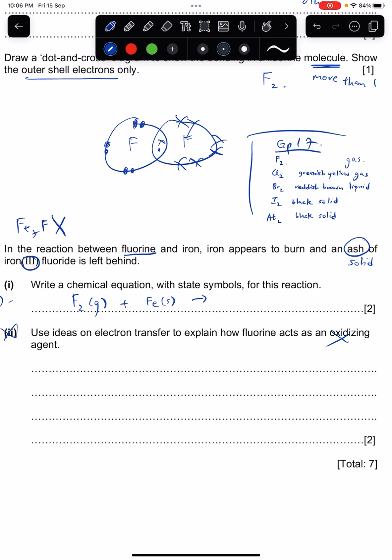No. This tells me that it's Fe3+. F is group 17, so F-, you cross method, FeF3. So you get FeF3 solid. Then you balance it afterwards. I like to balance at the end. If not, it's too complicated. Okay, I need 3, I need 2, I need 2. Balanced!